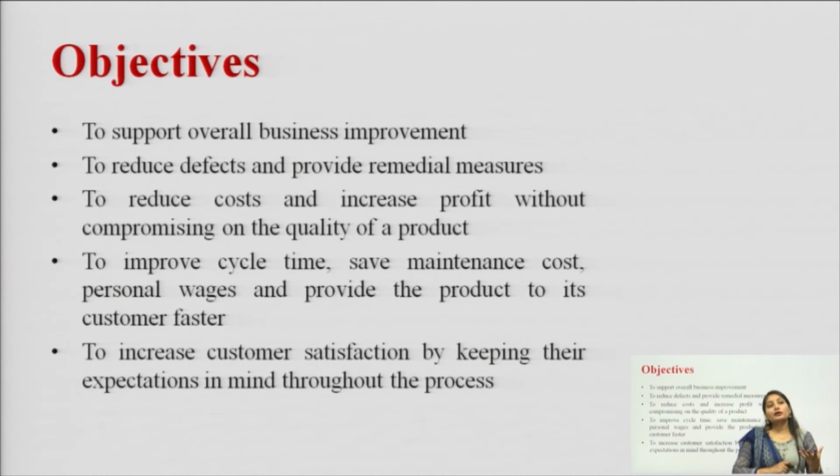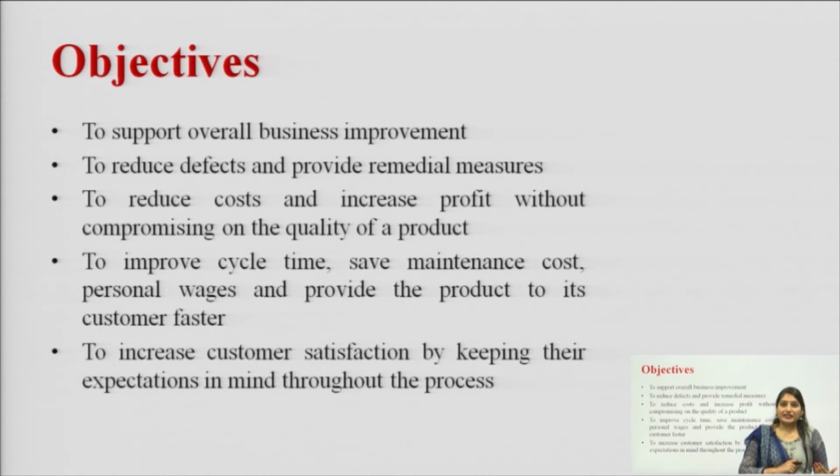Second is to reduce the defects and provide remedial measures. In the Six Sigma concept, we identify the root causes of variations, meaning from where the variations originate and how we can correct them.